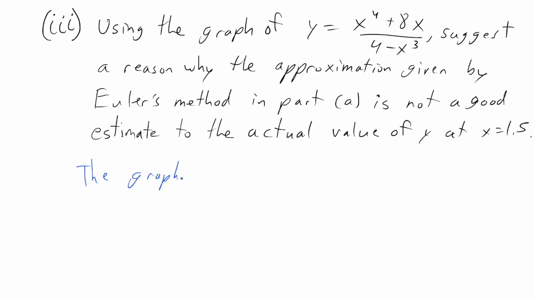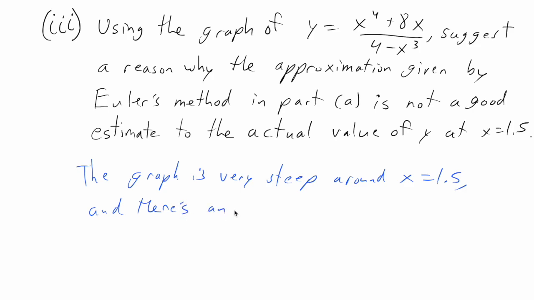The graph is very steep around x equals 1.5. Maybe you could even say and there's an asymptote, or because there's an asymptote.